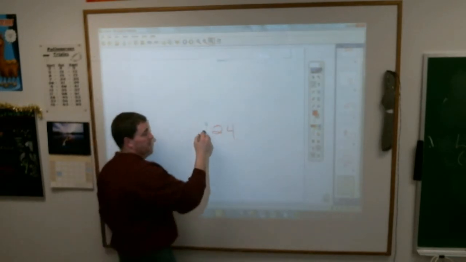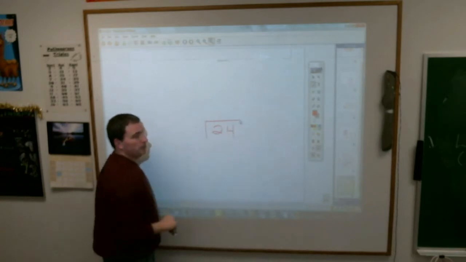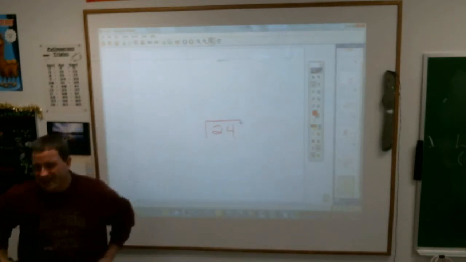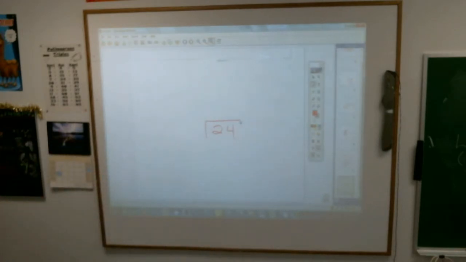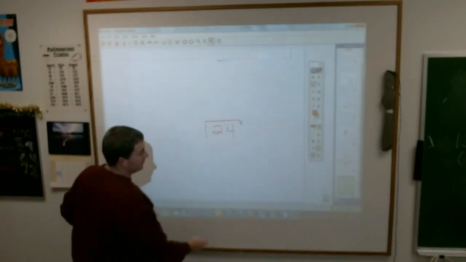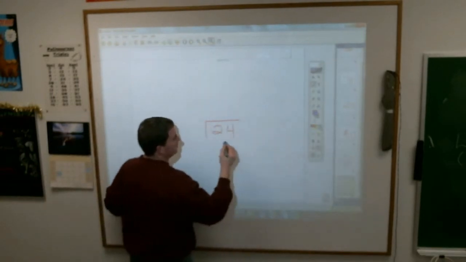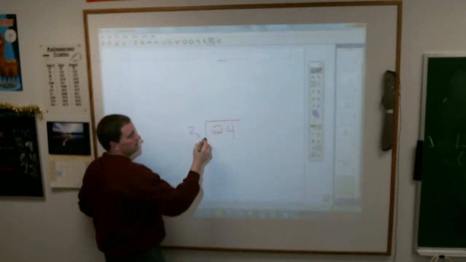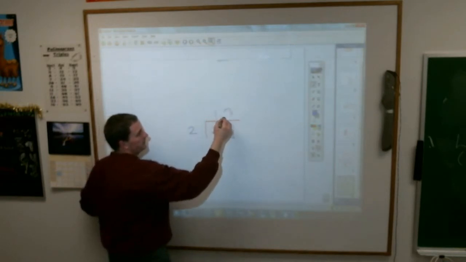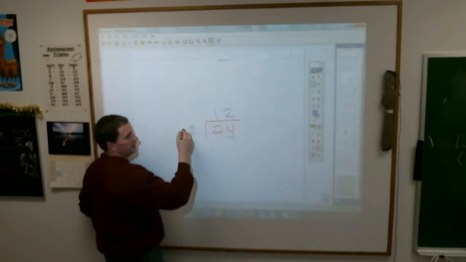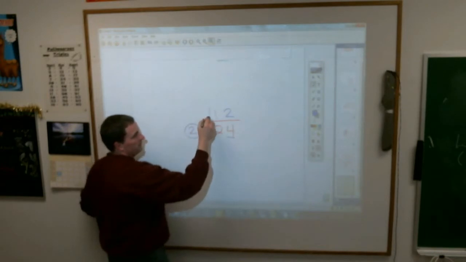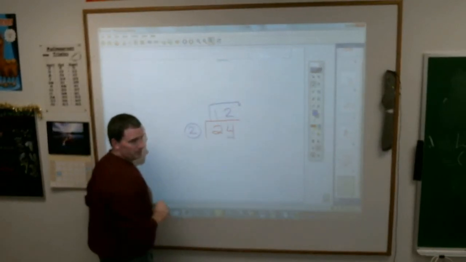And just like it says, what you do is you look at 24 and you just keep dividing it by a prime number. The best thing to think about is if it's an even number, divide it by 2 because 2 is a prime number and it's easy to come up with half of 24. So you do this. Okay, 2 goes into 24 12 times. 2 is a prime number, so that's good. Then you divide 12 by a prime number.